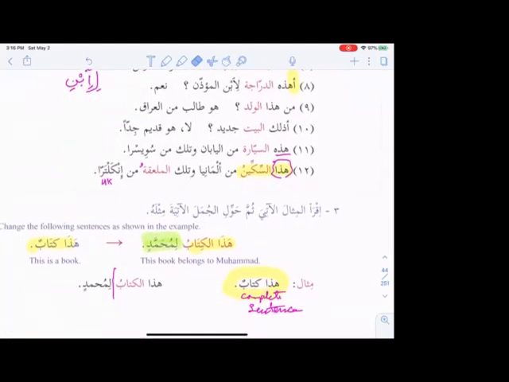Again, his coloring continues. See, hadha kitabun, this is a simple sentence. This is a book. Mubtada khabar. Hadha al-kitabu. Now this is your mubtada, and what is your kitabu? Badal. And then li Muhammadin, belongs to Muhammad.